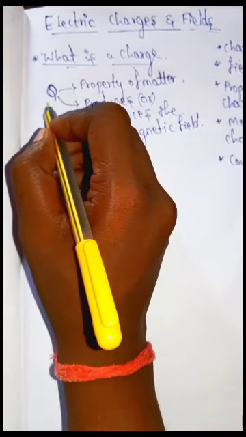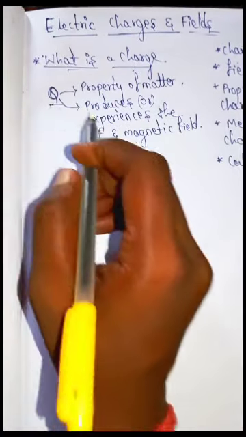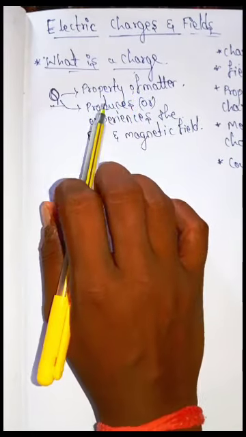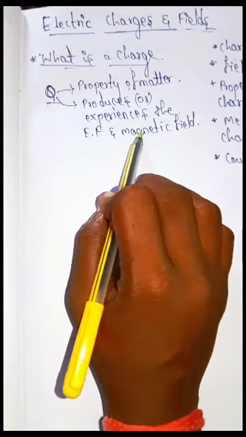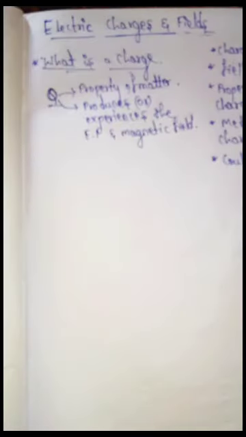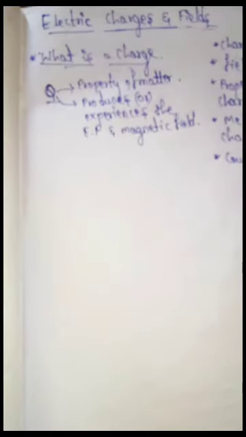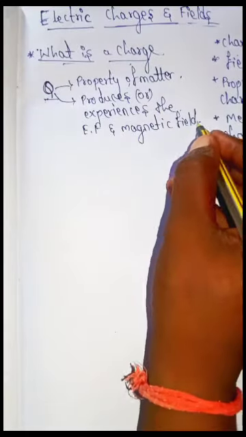It is generally represented as Q. It is the property of matter which produces and experiences the electric field and magnetic field.